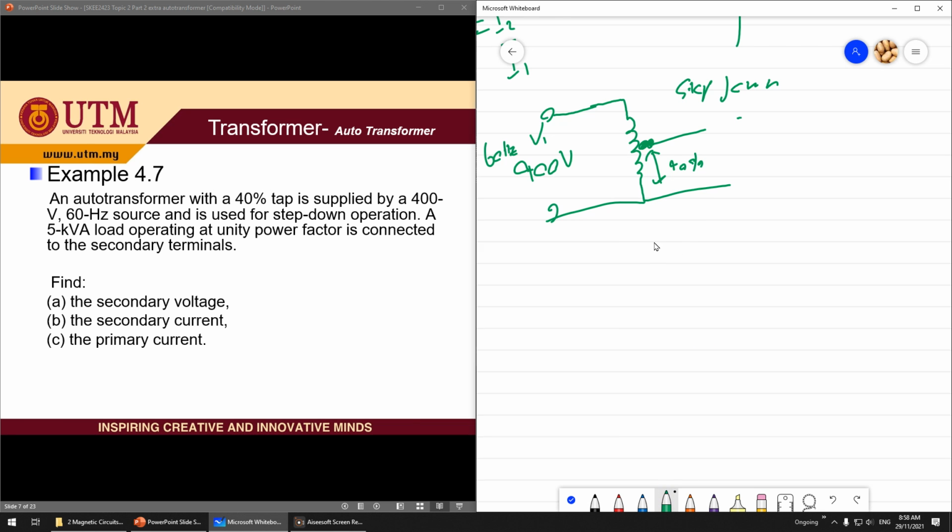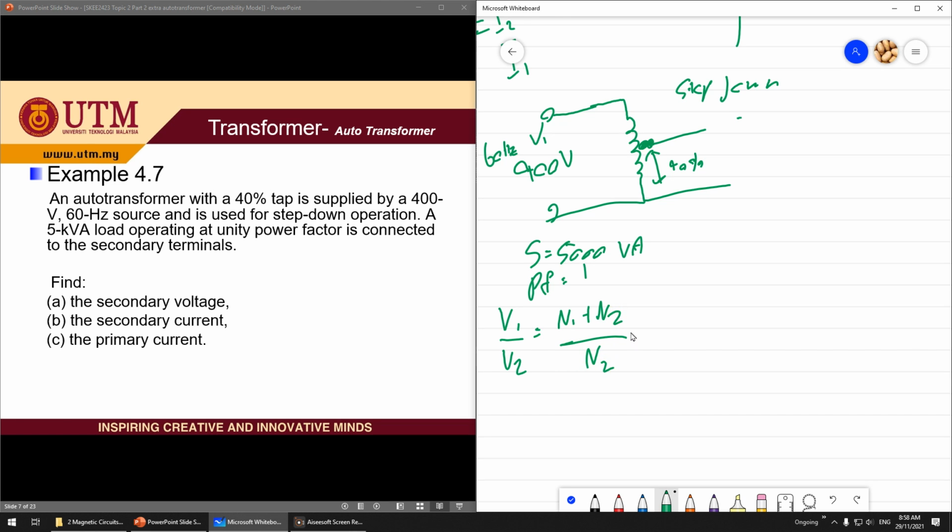Okay, so 5 kVA load, so S is equal to 5000 VA, operated at unity power factor, PF equals 1. Find the secondary voltage. Remember the formula V1 divided by V2, because this is step up, is (N1 plus N2) divided by N2.